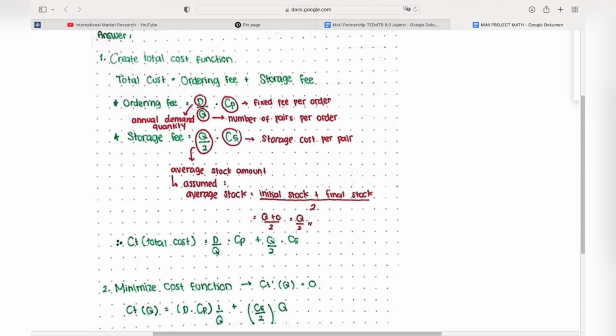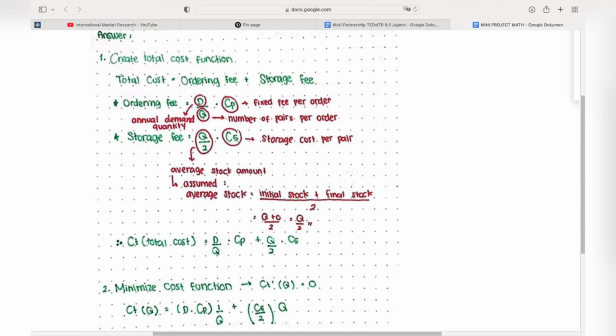Now, we know that the storage fee is equal to Q divided by 2 multiplied by CS, where CS is the storage cost per pair and Q per 2 is the average stock amount. We can assume that the average stock equals the initial stock plus the final stock divided by 2.